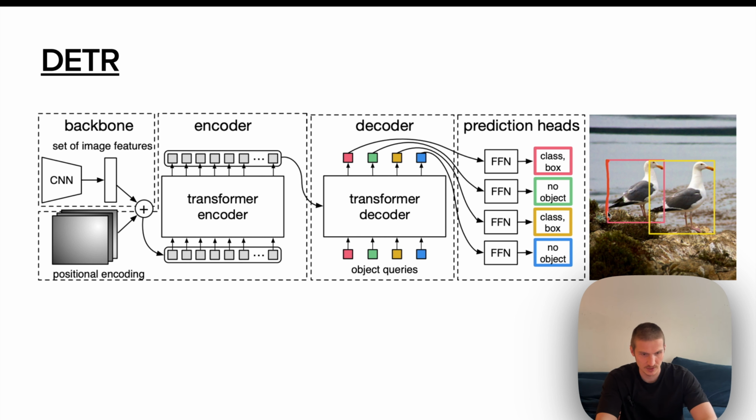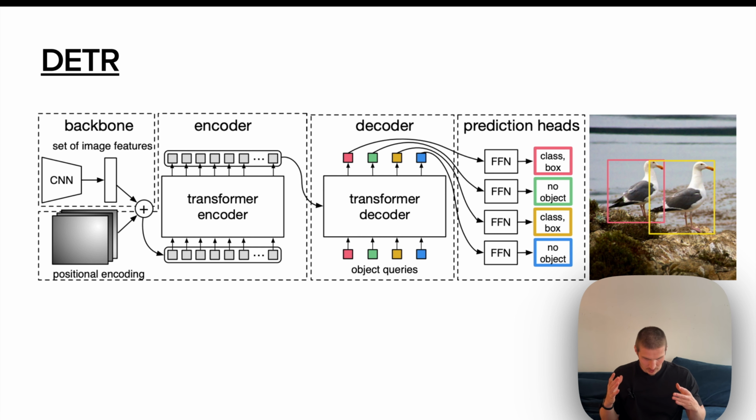So ideally, we want the model for this picture to predict 2 birds with perfectly matching bounding boxes. But then again, when we just start to train the model, obviously it will be initialized with random weights, so it will not actually be able to detect anything.